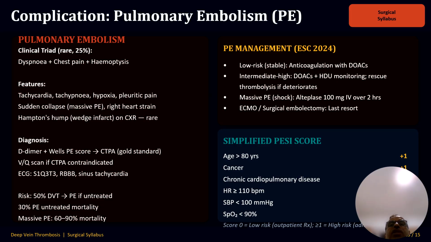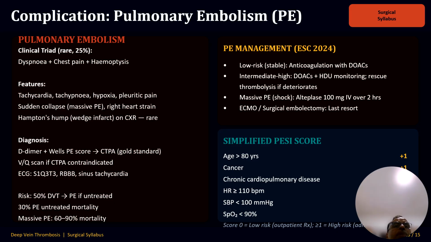What are the complications? The most important complication is pulmonary embolism, and the typical clinical triad of pulmonary embolism, which is dyspnea, chest pain, and hemoptysis. The complete triad is rare and only seen in 25% of patients.